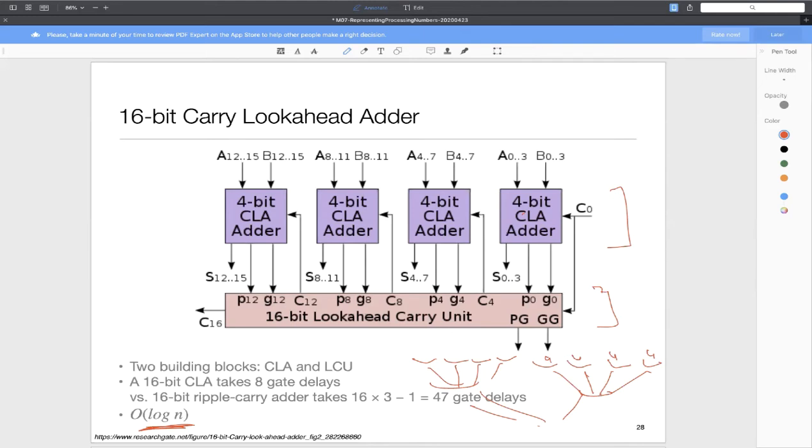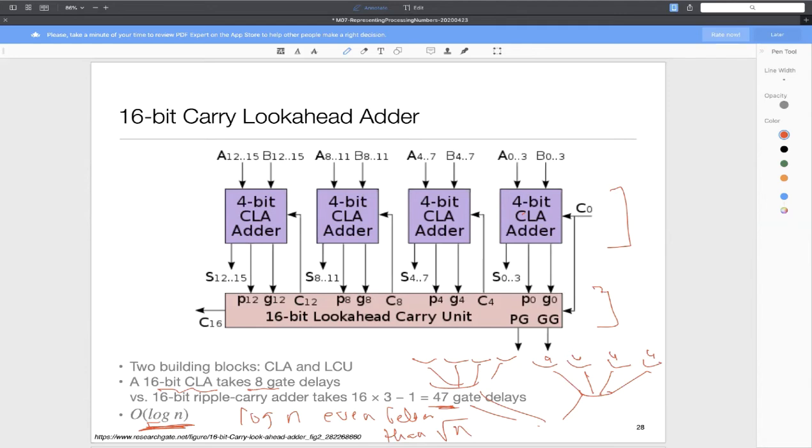For example, a 16-bit carry look ahead adder takes 8 gate delays, versus a ripple carry which takes 47 in one example I saw. The main point is log n is even better than square root n, right? As the numbers go larger, the gains become even more.